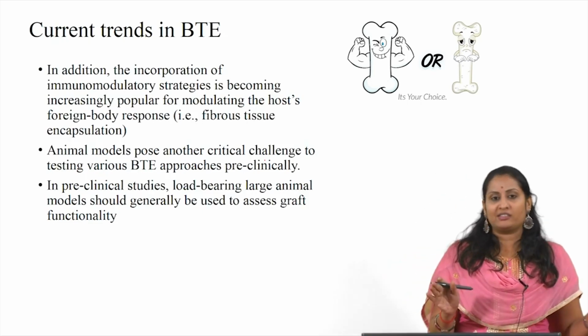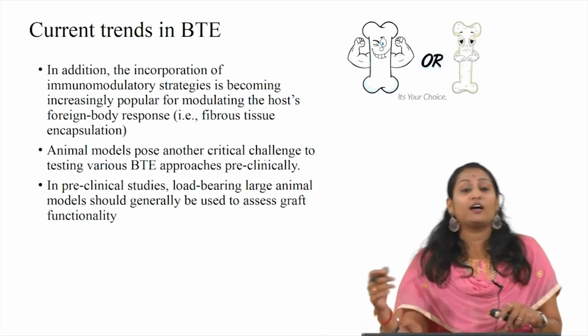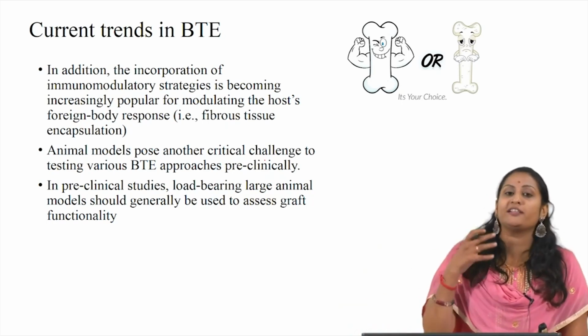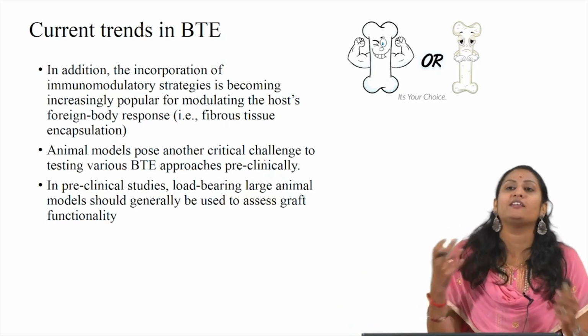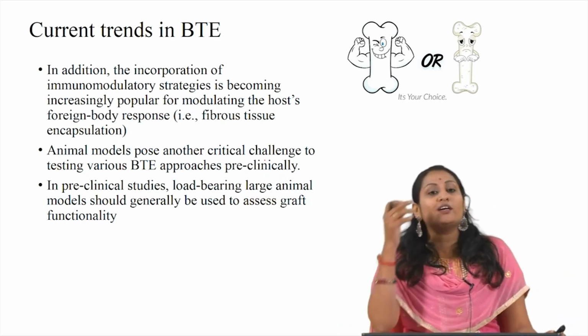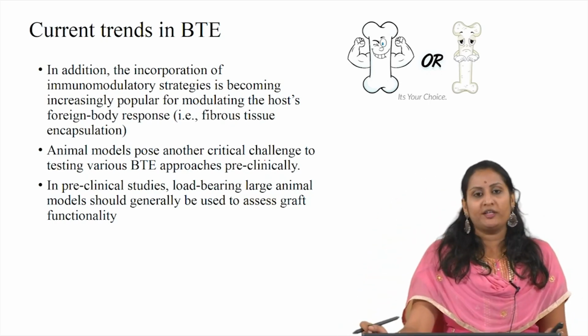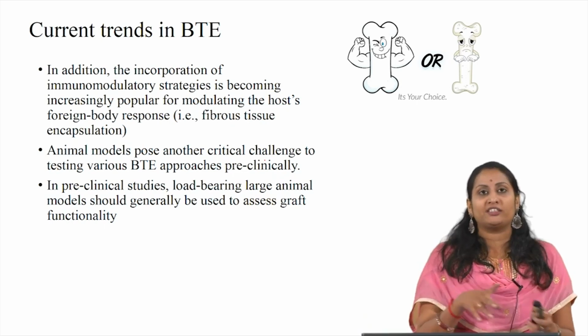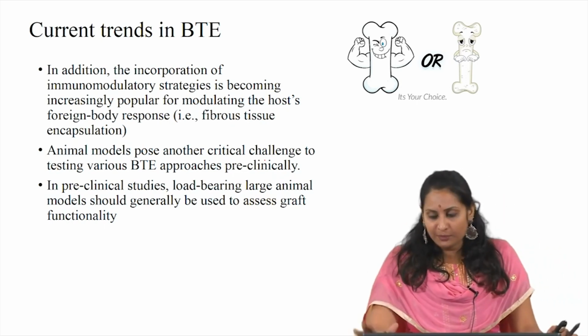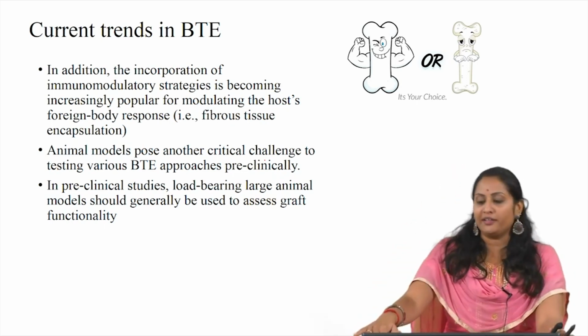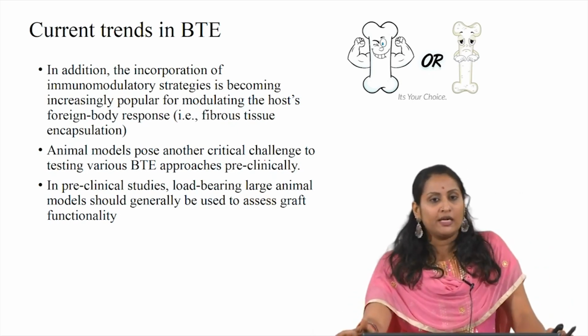Now, about immunomodulatory strategies, which are becoming increasingly popular for modulating the foreign body response, that is fibrous tissue encapsulation. Once the construct has been placed, the immediate reaction will be an inflammatory response, followed by fibrous tissue encapsulation.